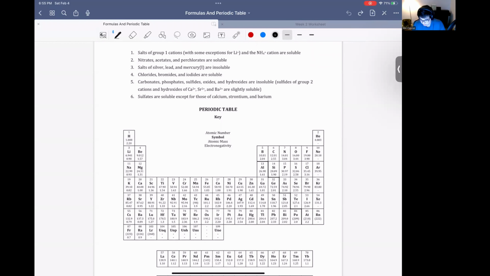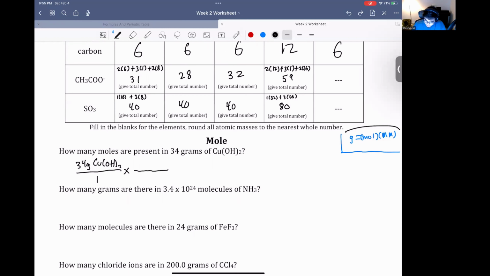So 63.55 plus 2 times 16 plus 1, right, for the hydroxide. Oops, missed something. And that should be 16 plus 1.008. All right, so we end up getting a molar mass of 97.566.